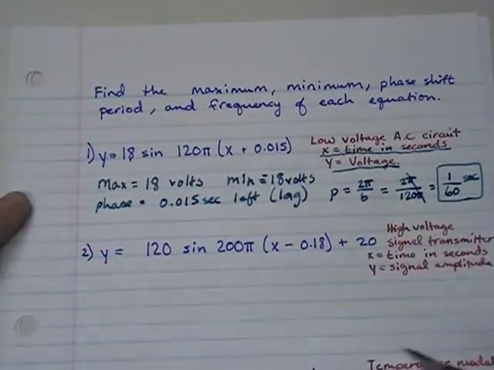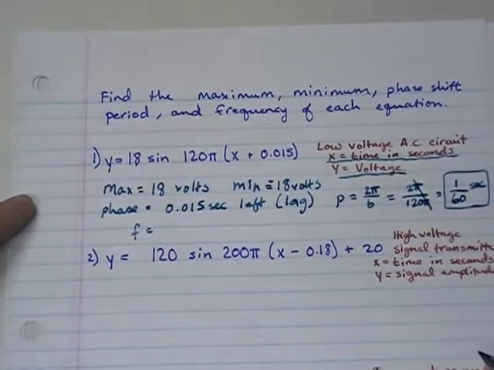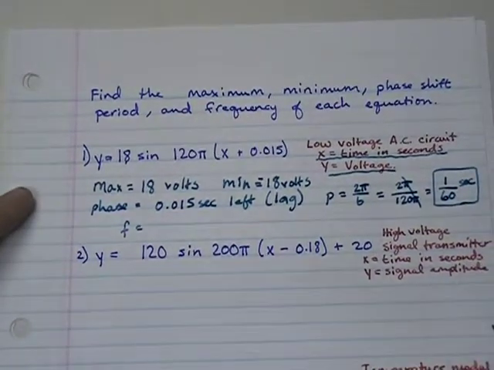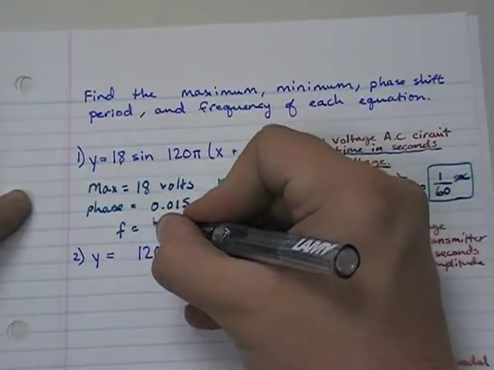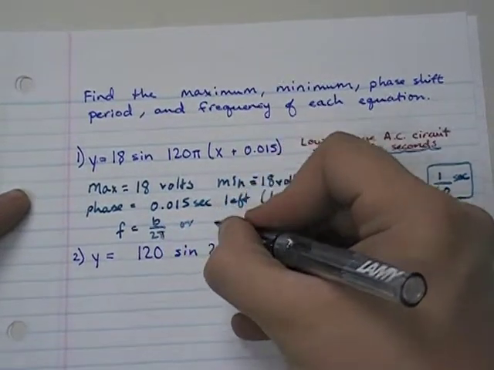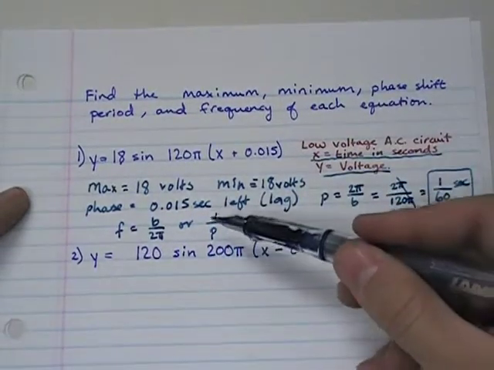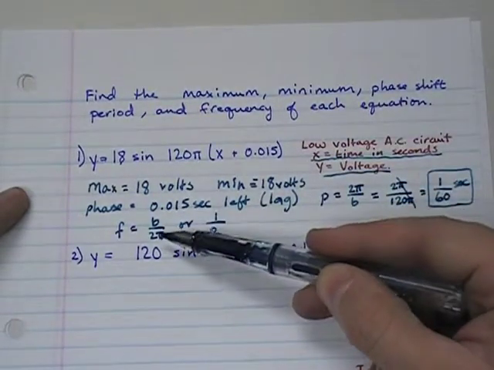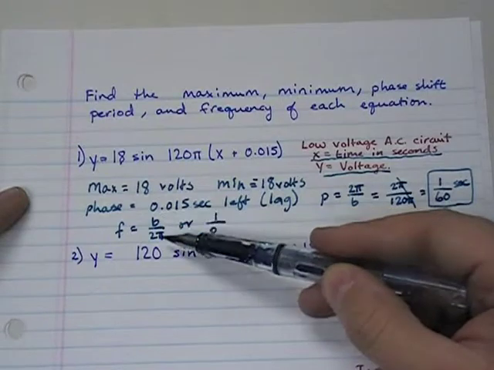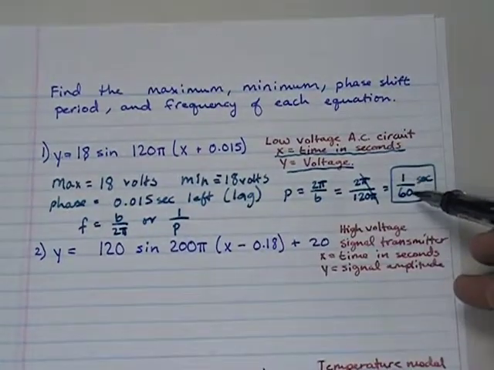Now, the last thing we're asked to find is the frequency. The frequency of a sine or a cosine function, there's two ways to find it. One is you can put b over 2 pi, or you can find the reciprocal of the period. If you put b over 2 pi, you're going to get 120 pi over 2 pi, or if you take the reciprocal of the period, well, what's the reciprocal of 1 over 60?